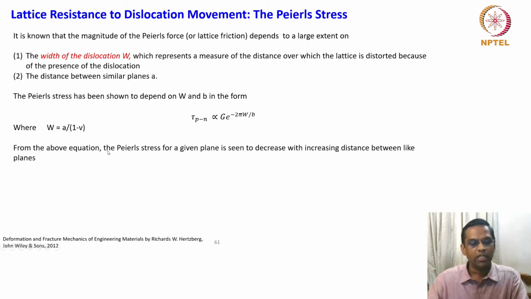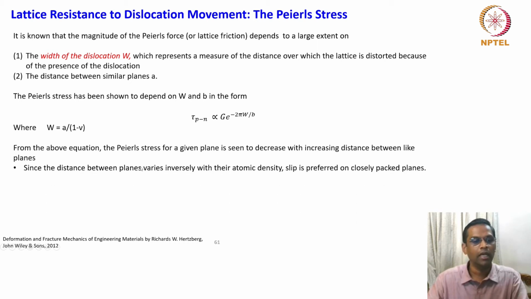From the above equation, the Peierls stress for a given plane is seen to decrease with increasing distance between like planes. Okay. Since the distance between the planes varies inversely with their atomic density, slip is preferred on closely packed planes.